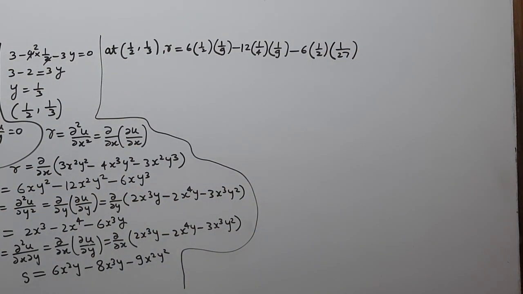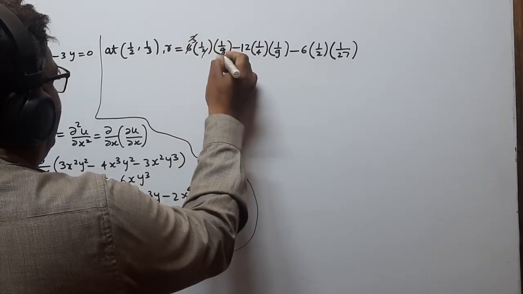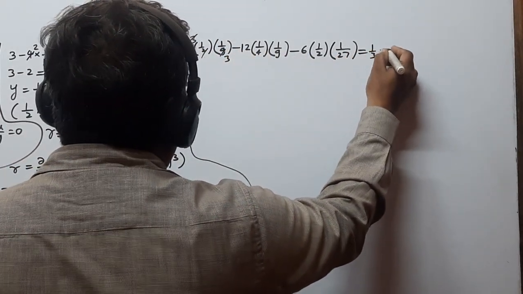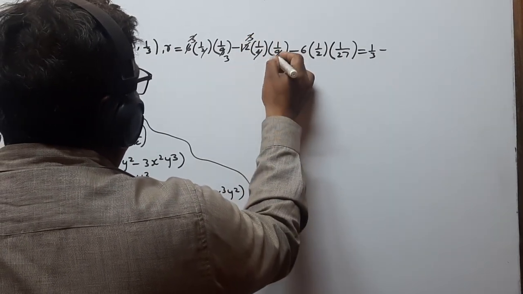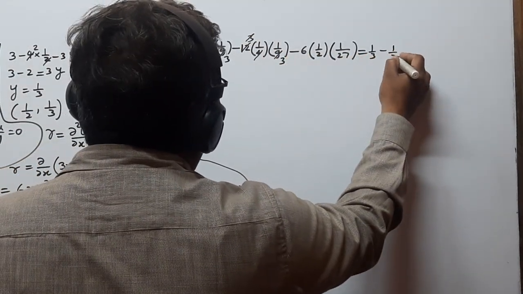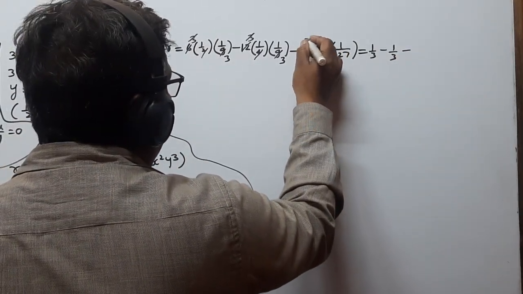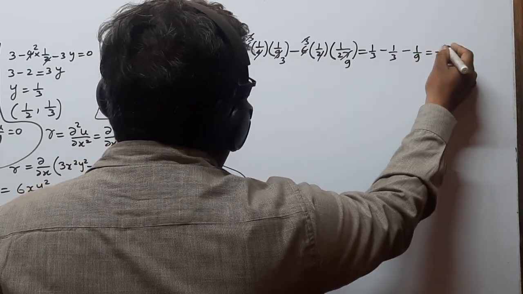Now we solve this. So 2 3 is 6 here and 3 3 is 9. So this becomes 1 by 3 minus here 4 3 is 12 and 3 3 is 9. So this becomes also minus 1 by 3 and here 2 3 is 6 and 3 9 is 27. So this is minus 1 by 9.